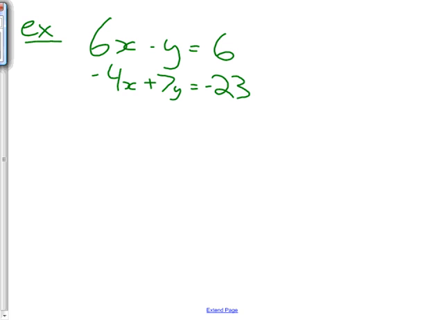So, here we have a system of linear equations. We want to solve this using the multiplicative inverse.